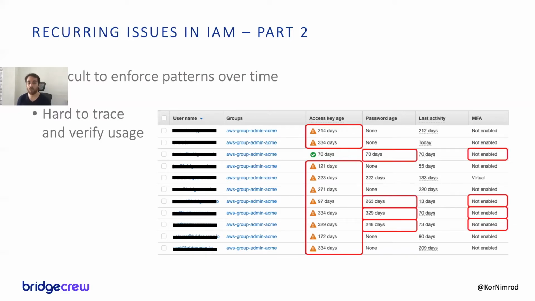We also have 4 users who have passwords, pretty old passwords, and no MFA. All of these users pose a brute force risk of account takeover, because if someone guesses their password, they have admin access to the account. And then the last thing I would like to show you is that 2 of these admins actually had no use in the last 200 days, or over 200 days. So I really don't see any reason to keep those users and their active static credentials for any reason.